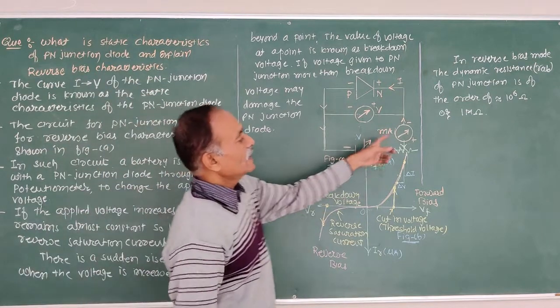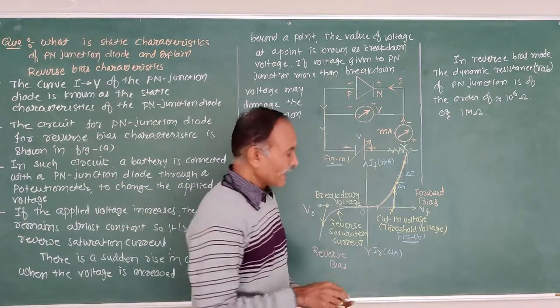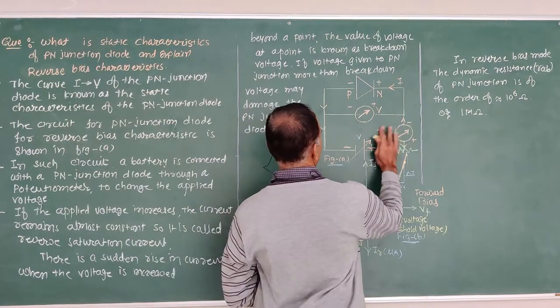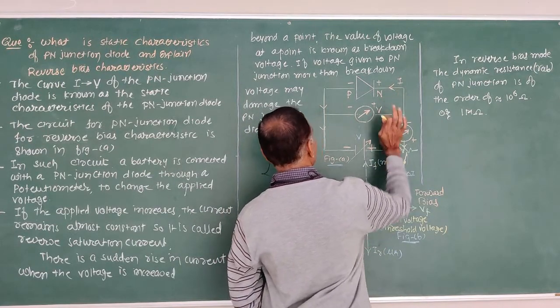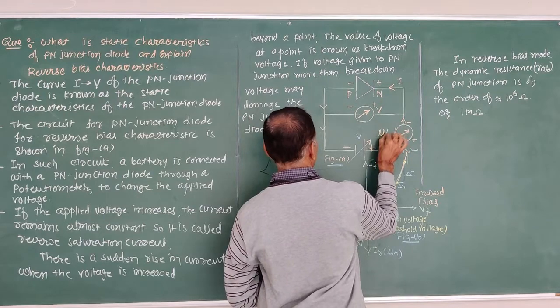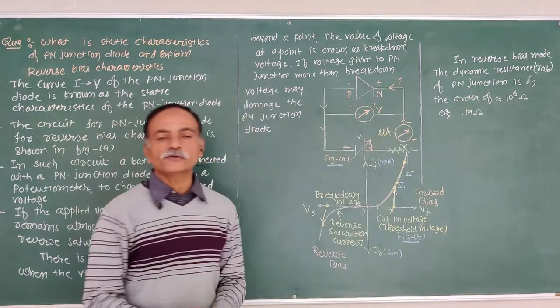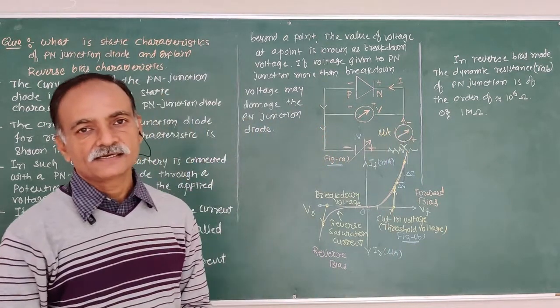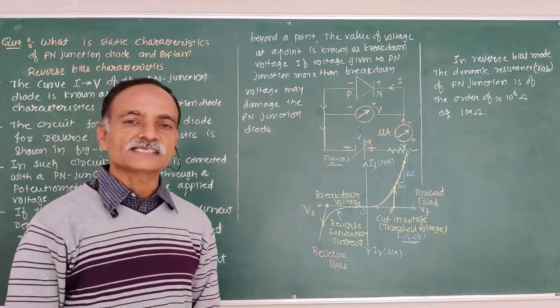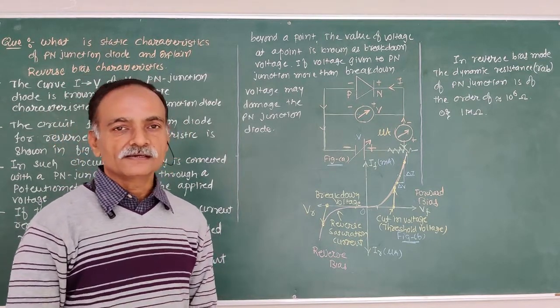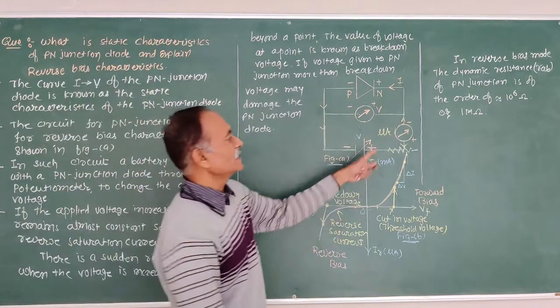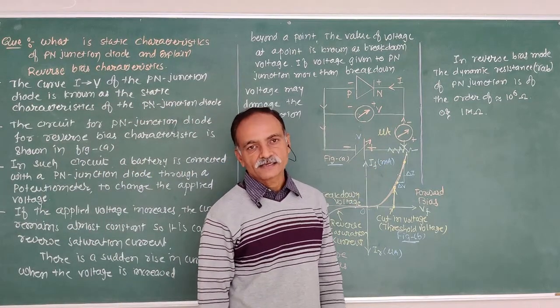To measure the current, a microammeter is used, because as we already discussed, in reverse bias the current flows only due to minority charge carriers, and this current is in the order of microamperes. Therefore, a microammeter is connected in the circuit.